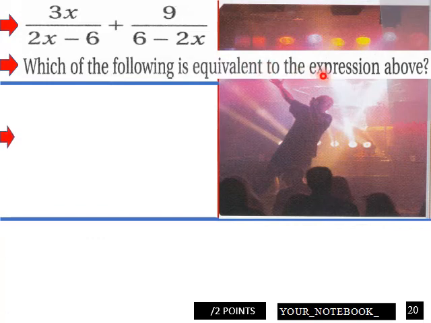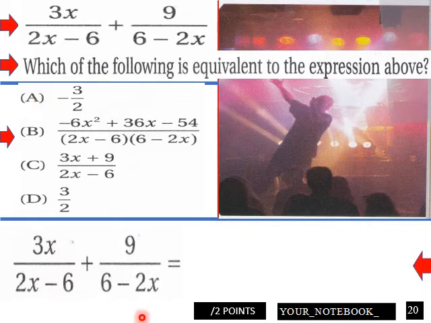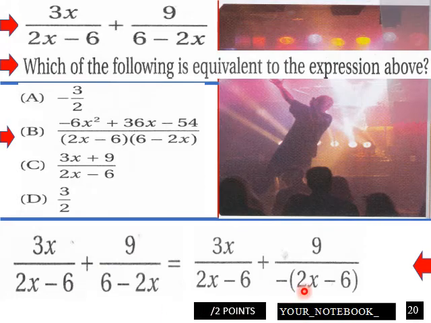Which of the following is equivalent to the expression above? So actually, when you combine these two here, which one of these expressions equals this sum up here? So to add these two, we have to factor out a negative 1 here.